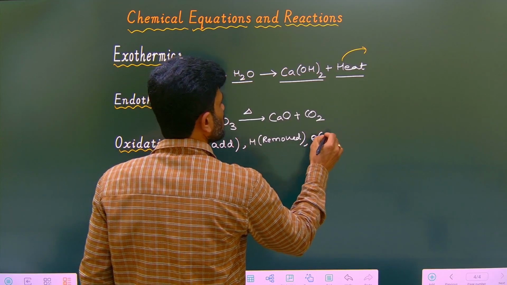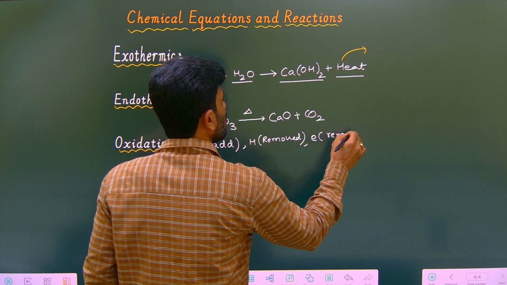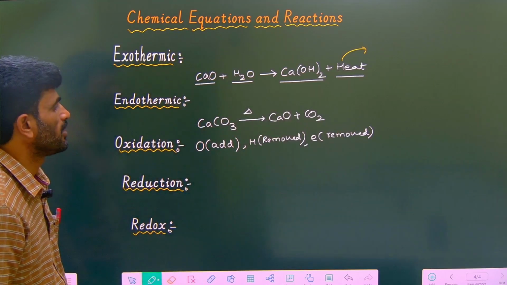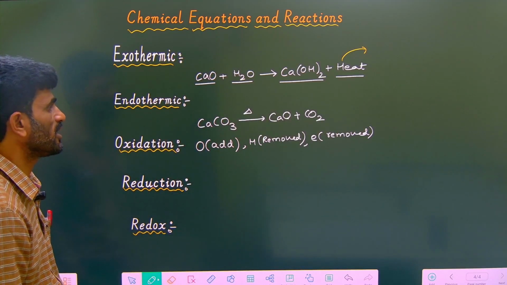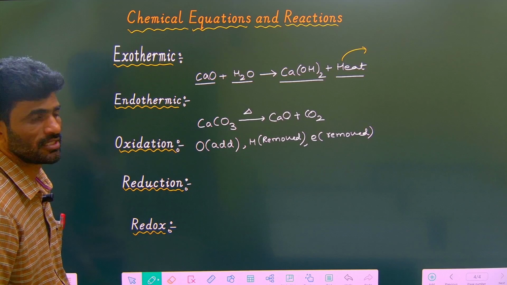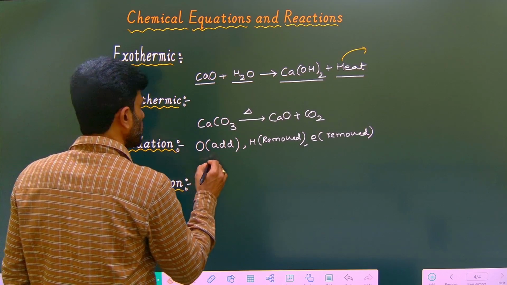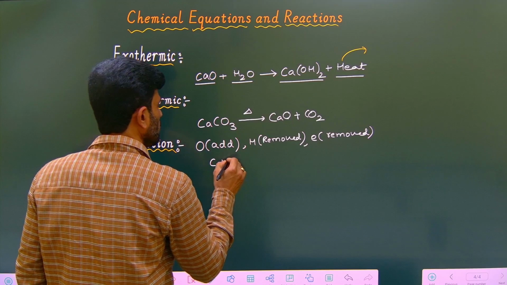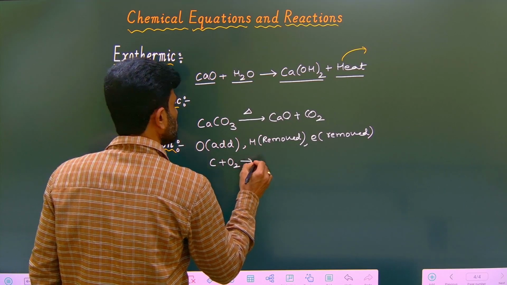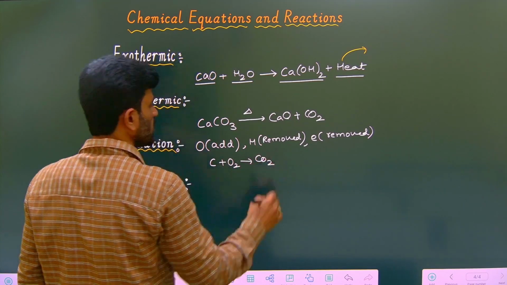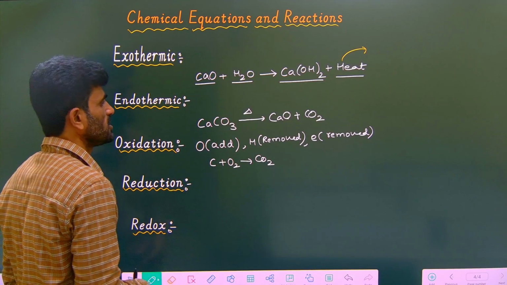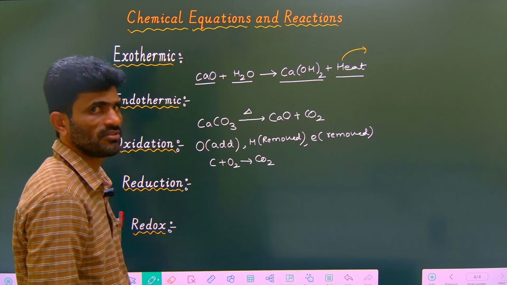If any of these three takes place in a chemical reaction, then we call it an oxidation reaction. For example, C plus O2 gives rise to CO2, oxygen is added. So we call it an oxidation reaction. Sometimes hydrogen will be removed.